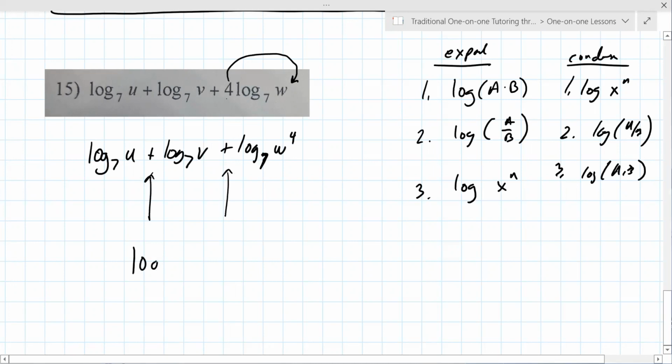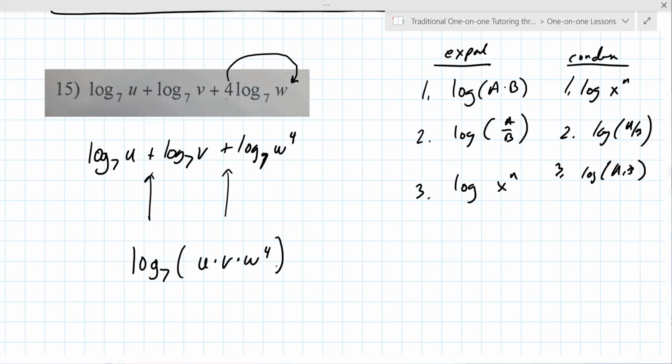So this becomes log base 7 of u times v times w to the 4th. And you're done. So when there's 3 different ones and both of the signs are addition, then that's when you know to put it in the parentheses.